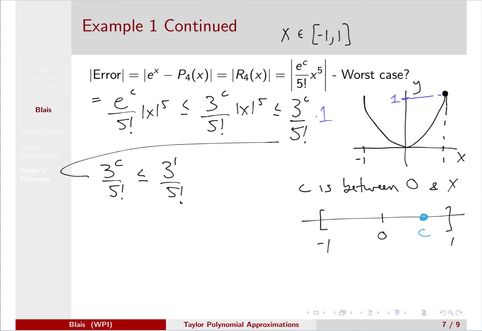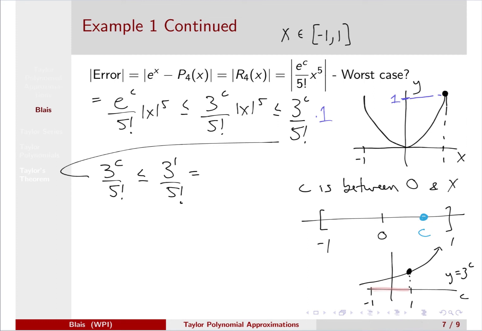So if you think of the graph, if you think of having a c-axis and you looked at the graph of y equals 3 to the c, that's an exponential. It's strictly increasing. So if we're looking on the interval -1 to 1, its maximum would happen here at 1.